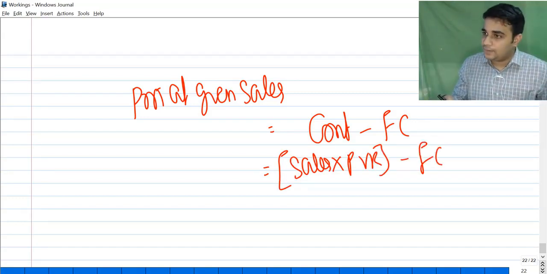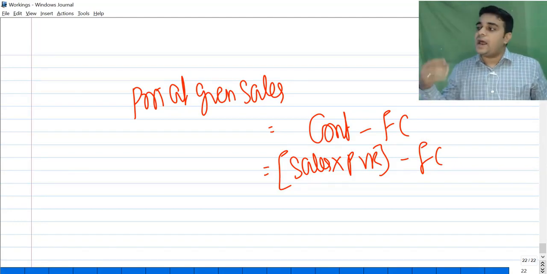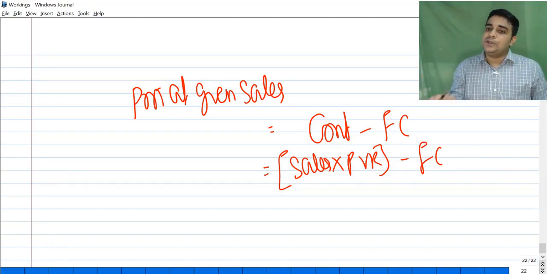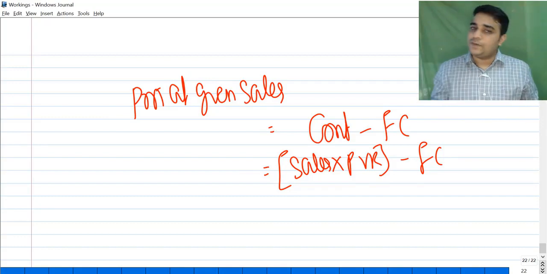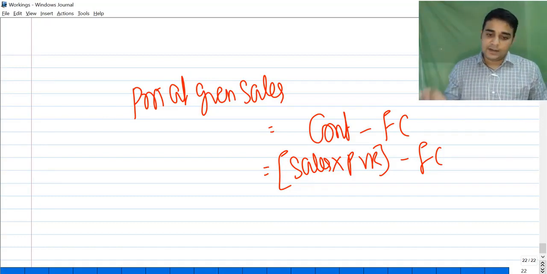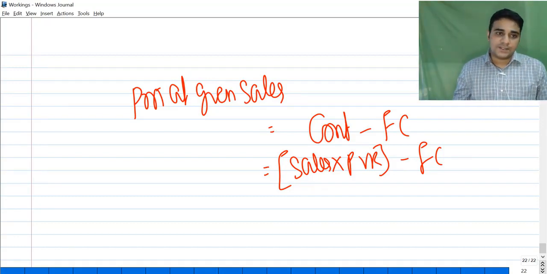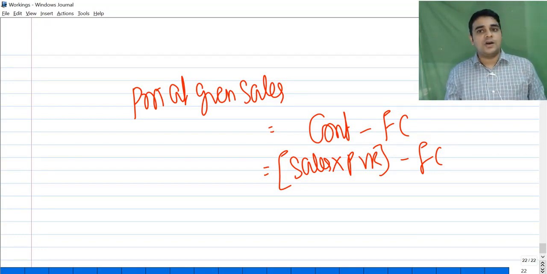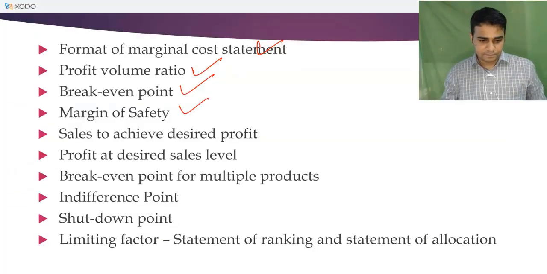So whatever sales would be given in the question, multiply that with the PVR or contribution per unit. If you have the sales in units, multiply with contribution per unit. If you have the sales in rupees, multiply with PVR. Get the contribution, subtract the fixed cost, and you will get to know the profit which the organization is making.